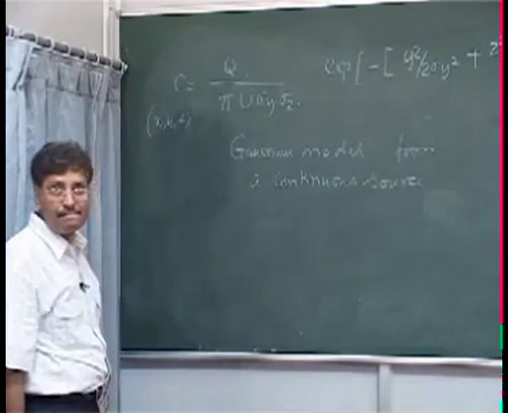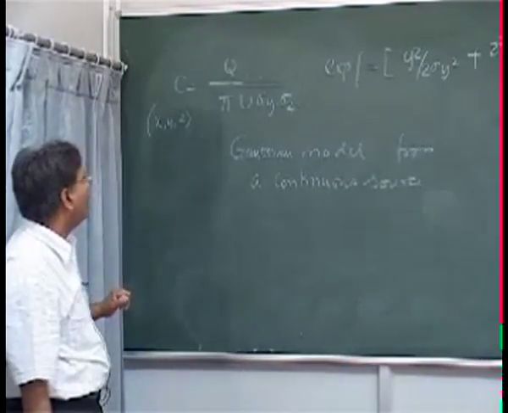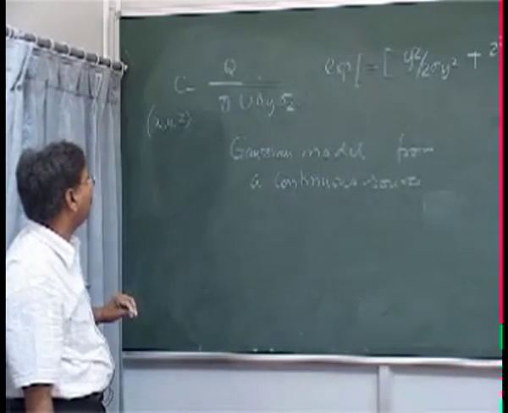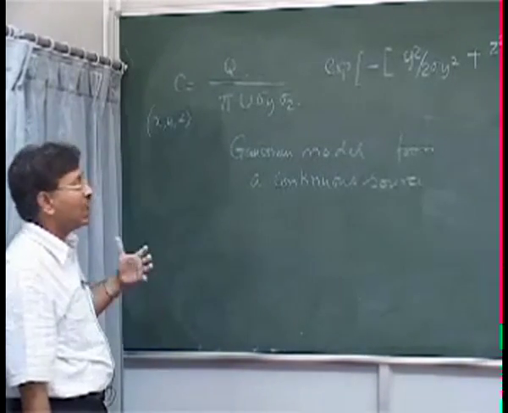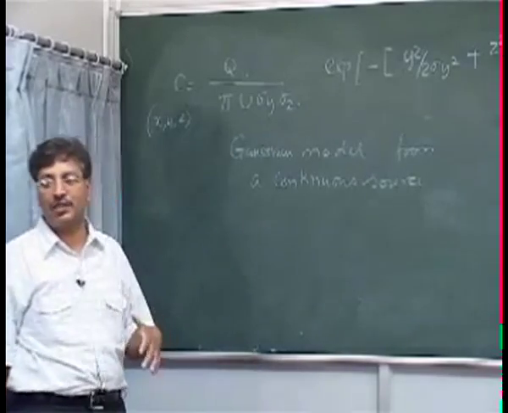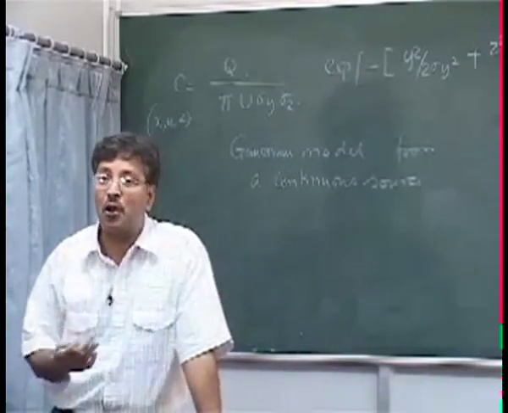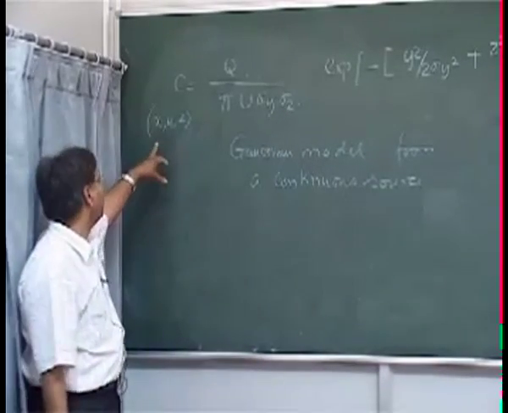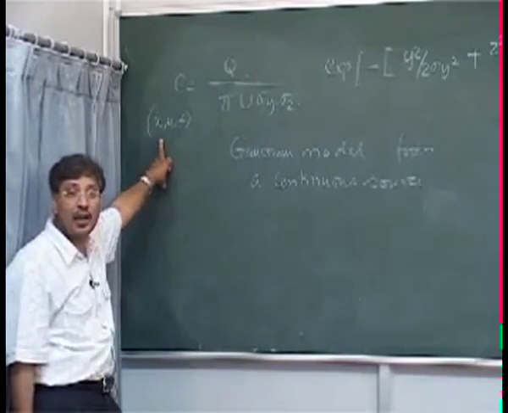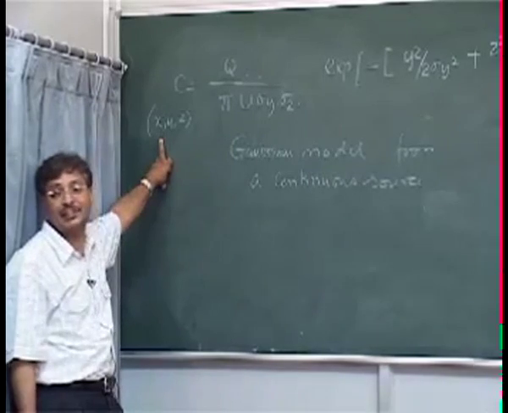Now we'll explain the meaning of sigma y, sigma z. But quickly tell me, where has the x gone? Because here I want to find out the concentration with respect to x, right? Where is x?